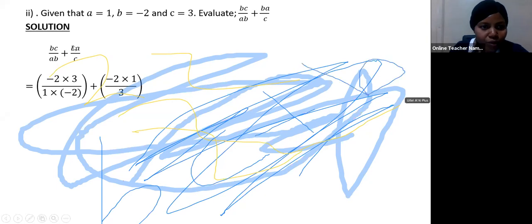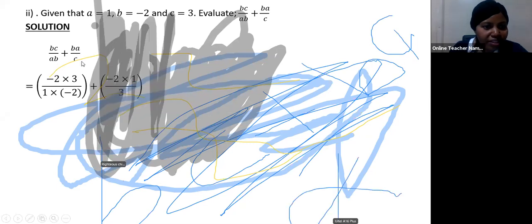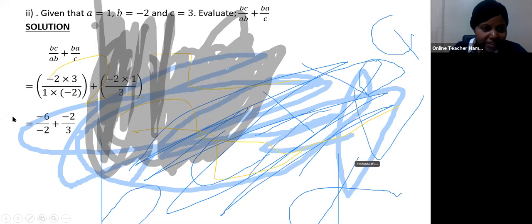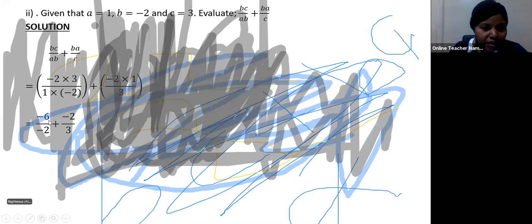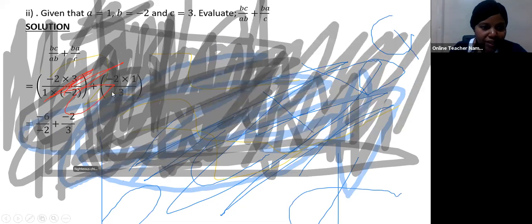Where there's that B on top there, put a -2. And where there's A, put a 1. So -2 times 3 will give us a -6. 1 times -2 will give us a -2. Plus -2 times 1 will give us a -2 over 3.